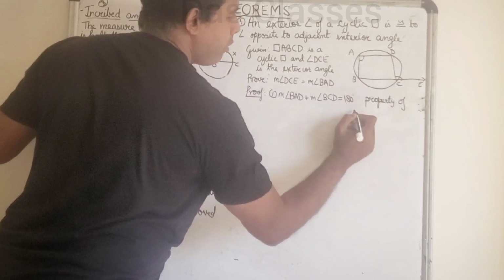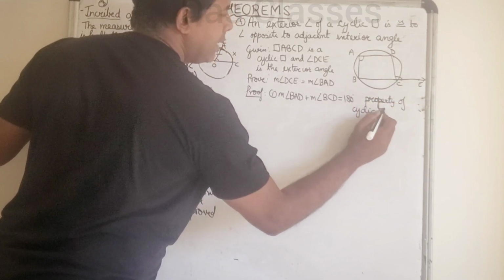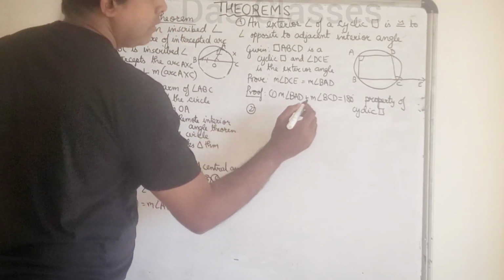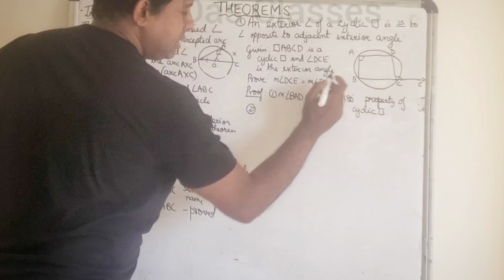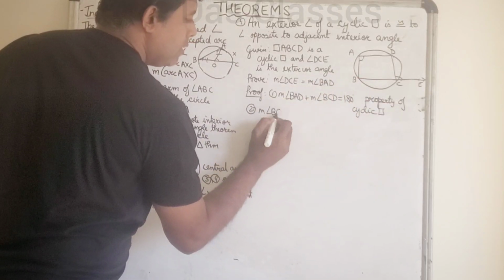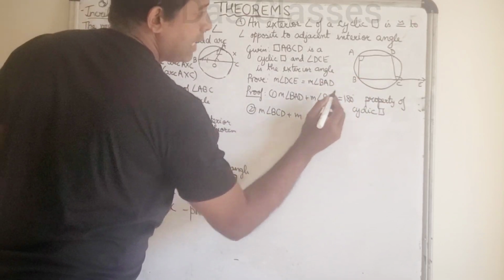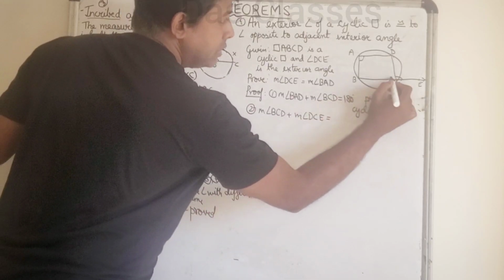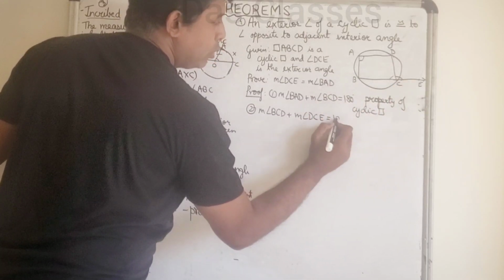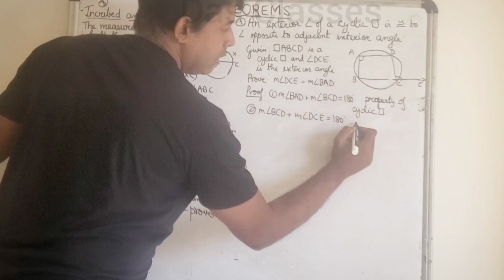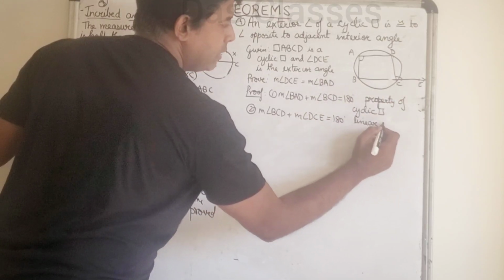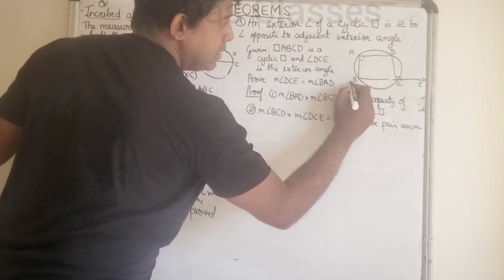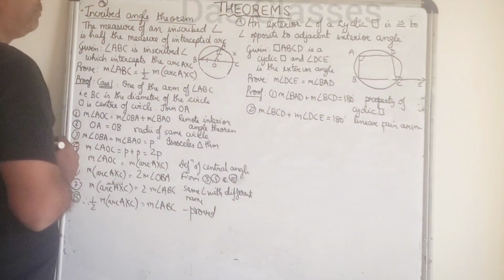Second, measure angle BCD plus measure angle DCE, this angle plus this angle, should be equal to 180 degrees. Linear pair axiom, they form a linear pair. Angle DCB and angle DCE form a linear pair.